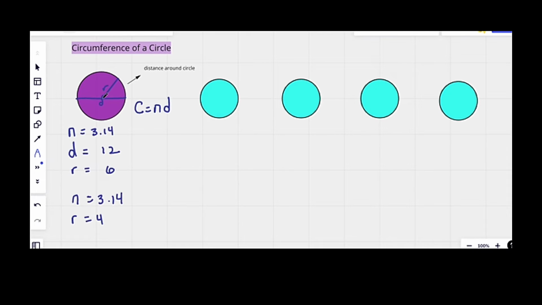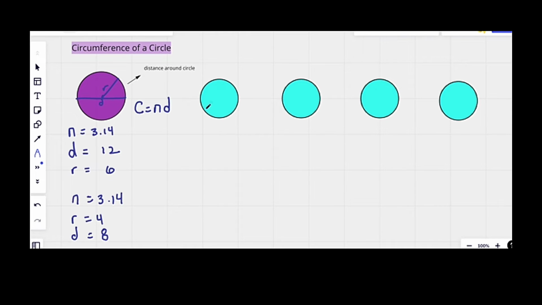Well, this time we've been given half of the circle. So in order to know what the full side to side is, we multiply that by 2 because you've got one half right here and you've got one half over here. So if we got half of it, which is 4, to get the diameter, which is the whole side to side, we have 8, which is the radius times 2.